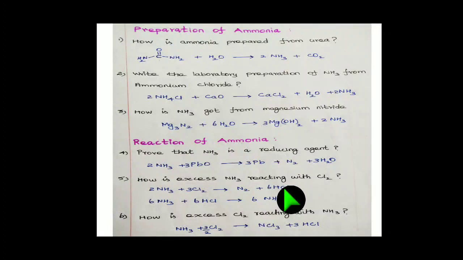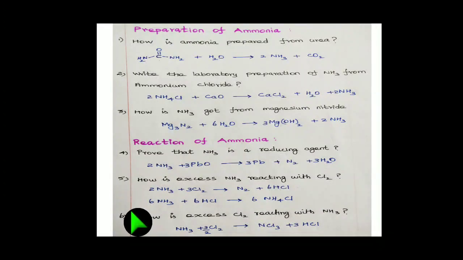Okay. So below that we can find only the equation: ammonia with HCl gives ammonium chloride. These two equations come under excess ammonia reacting with chlorine. What is the product? Ammonium chloride is the product.